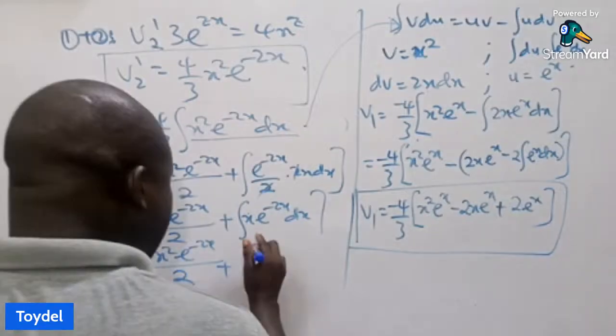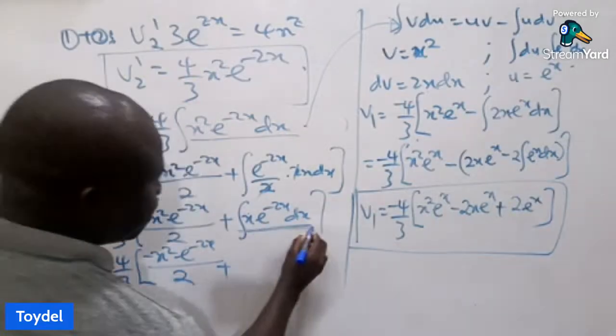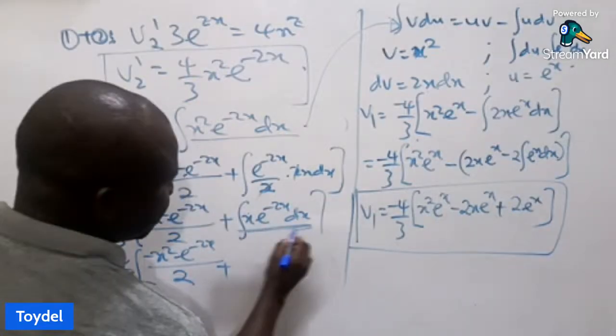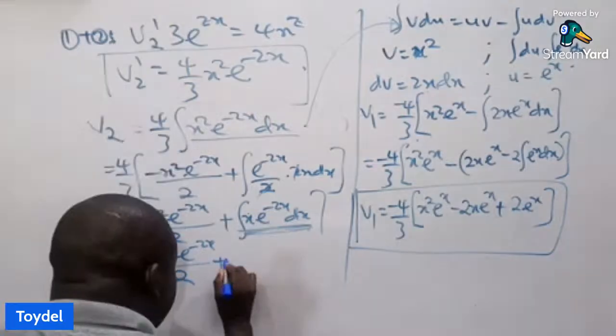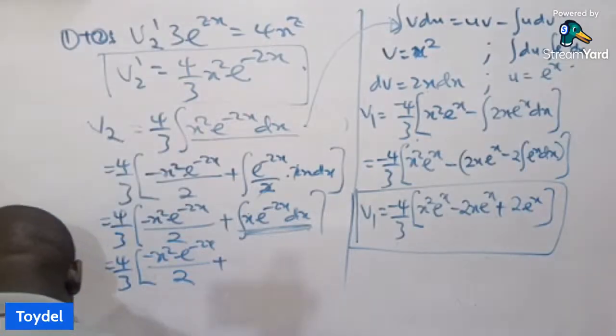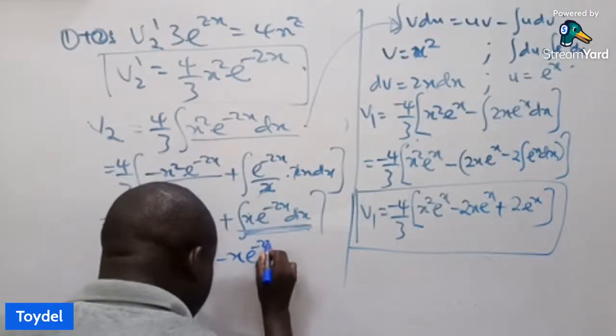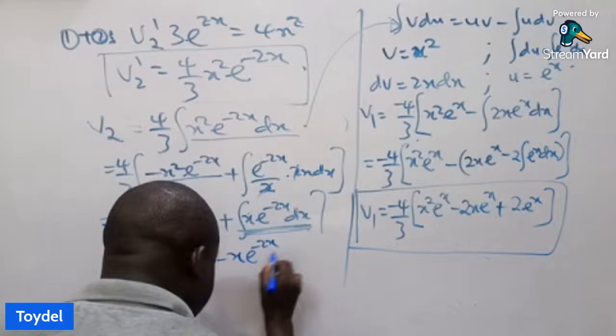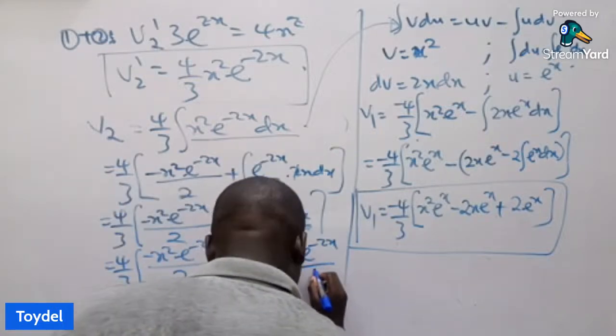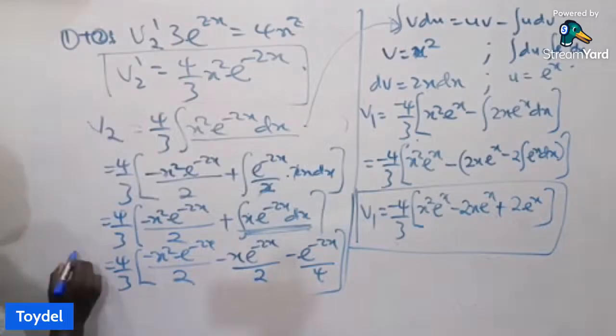At the end of the day, I'm going to get minus x e^(-2x) all over 2 minus e^(-2x) all over 4. That's what I'm going to get. So this will represent the value of v2.